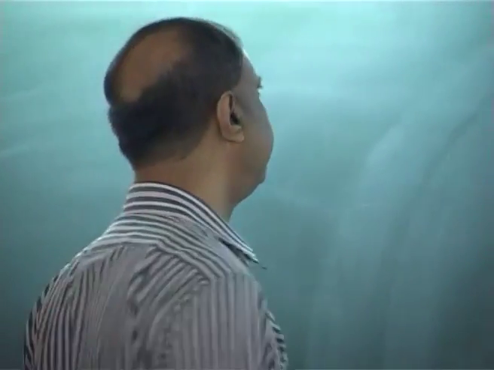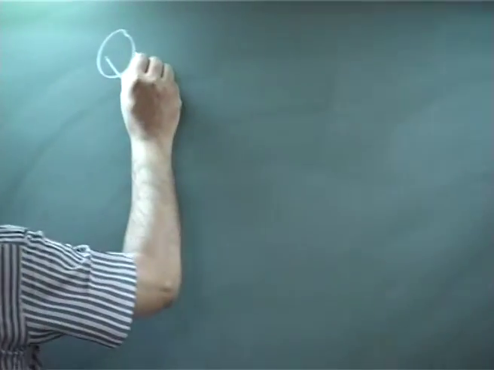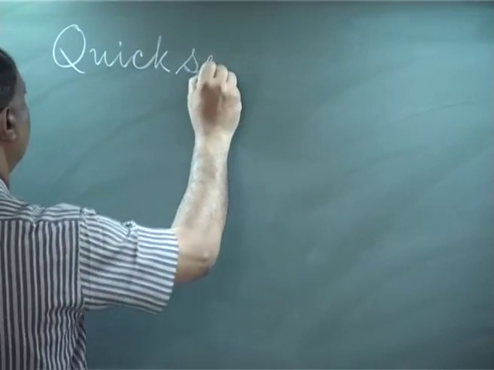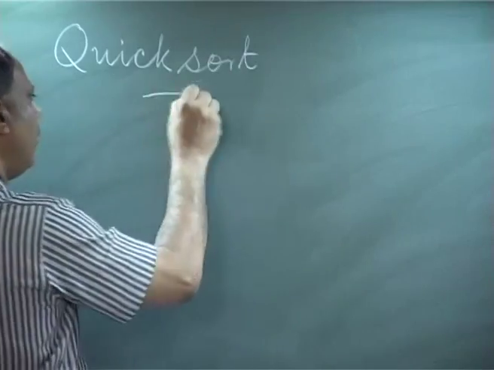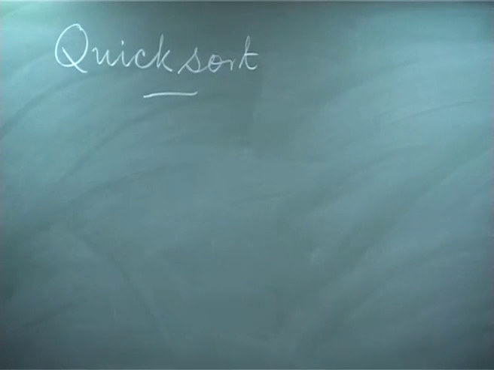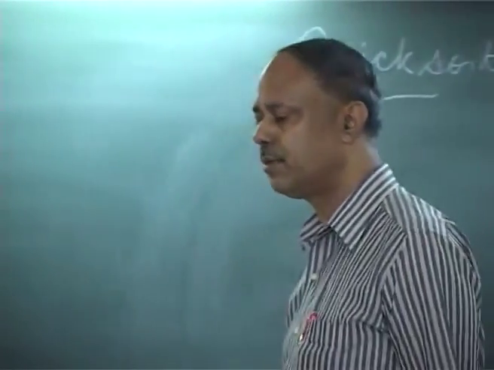Now another example of divide and conquer is Quicksort. In the case of merge sort, we divided the sequence into 2 equal parts, and recursively called merge sort on the first part and on the second part, then merged.